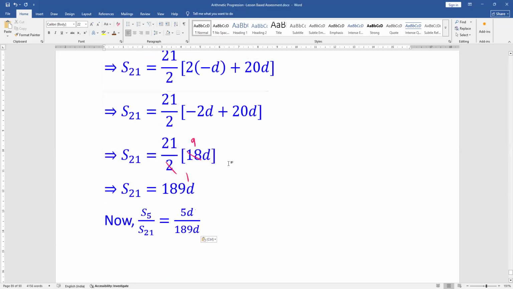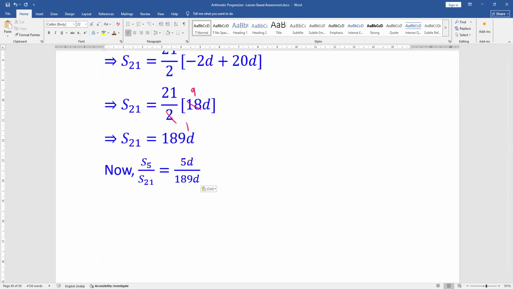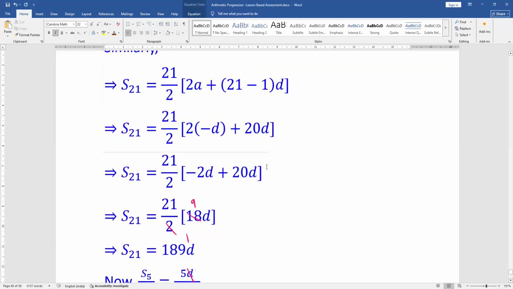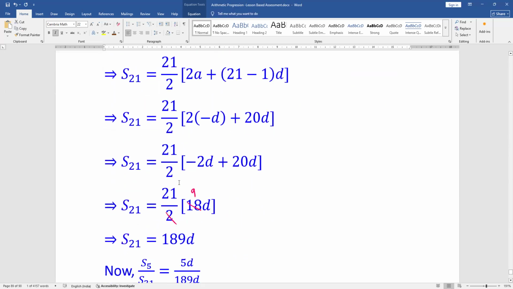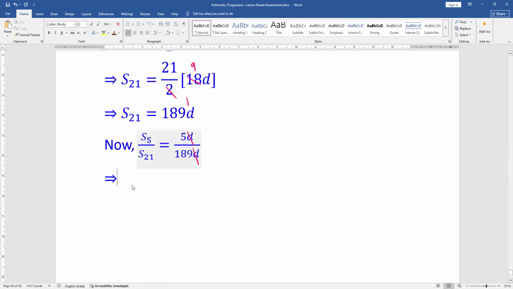Here we are going to cancel off this D and D. So S5 is to S21, I'm just writing the fraction again in the form of a ratio, equals 5 is to 189.